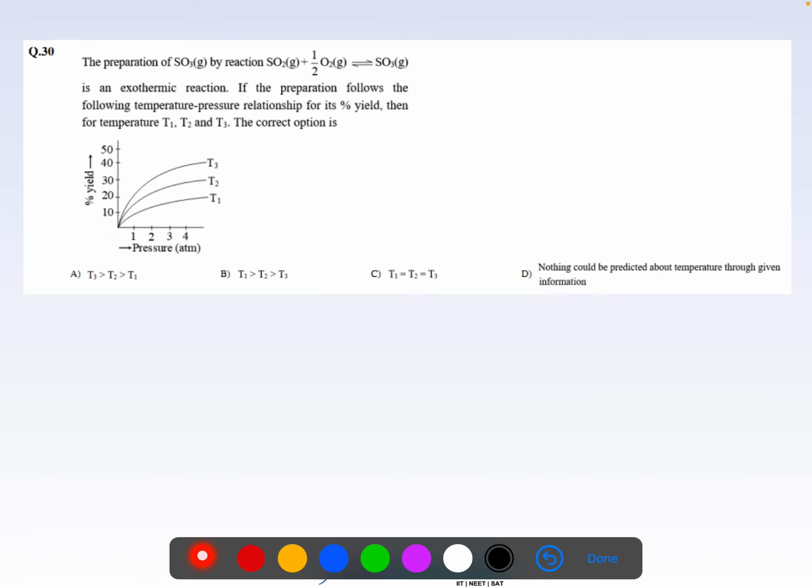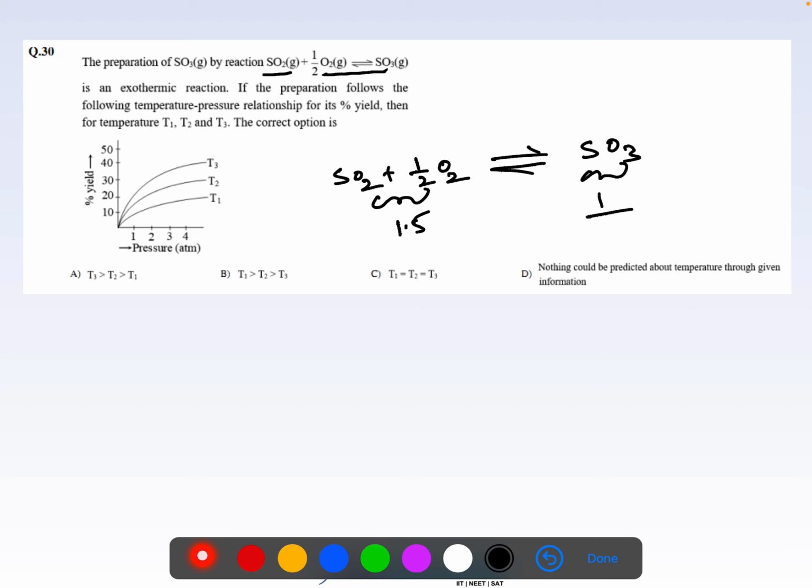The preparation of SO3 by the reaction SO2 plus half O2 is in equilibrium with SO3. There are 1.5 moles of reactants and there is only 1 mole of the product.